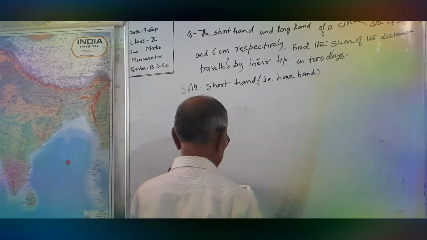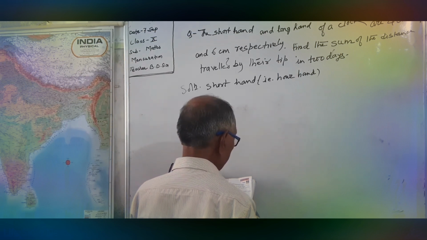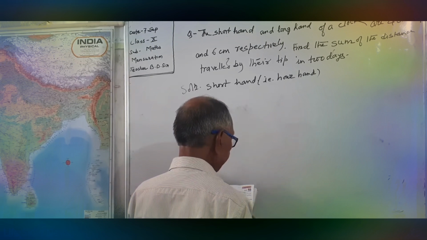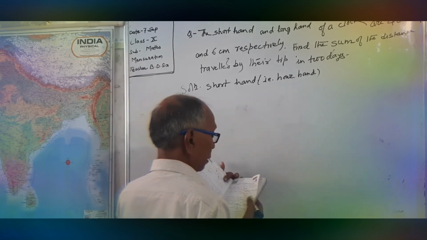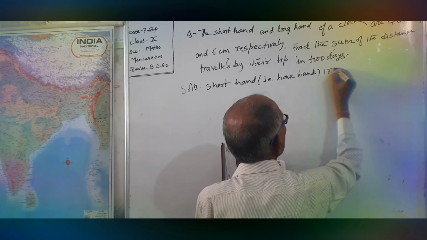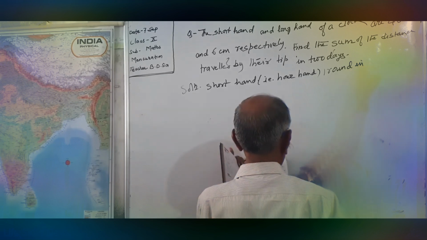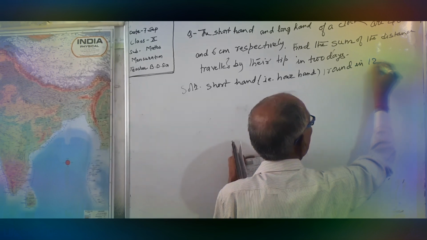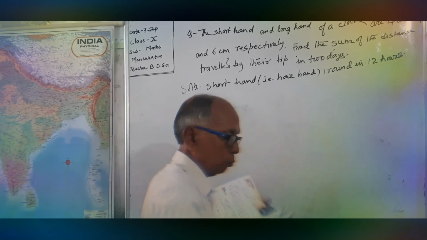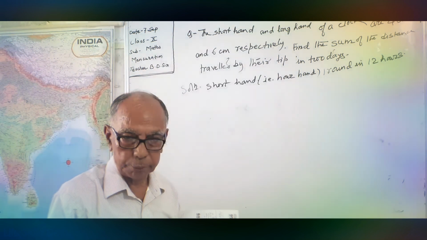Hour hand completes one round in 12 hours. एक बार जब वो घूमता है तो 12 घंटा हो जाता है एक राउंड में.